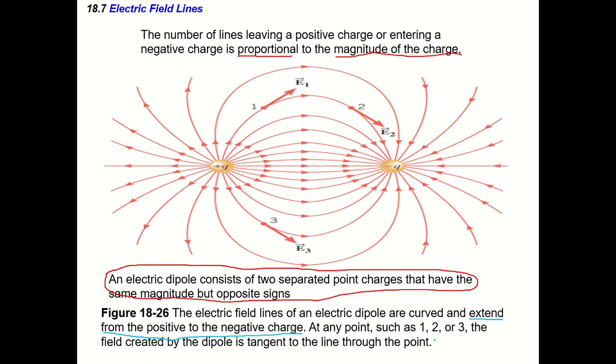At any point, such as point 1, point 2, or point 3, the field created by the dipole is tangent to the line through the point. This line here is the tangent.